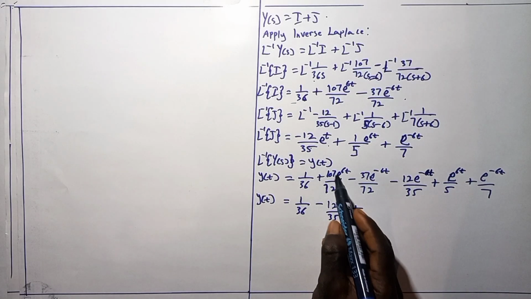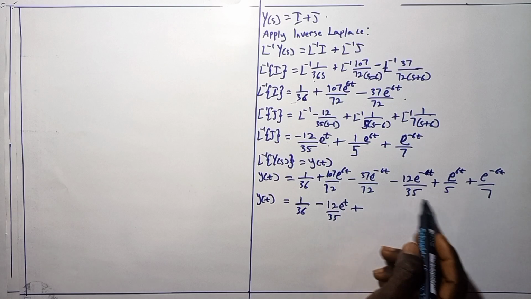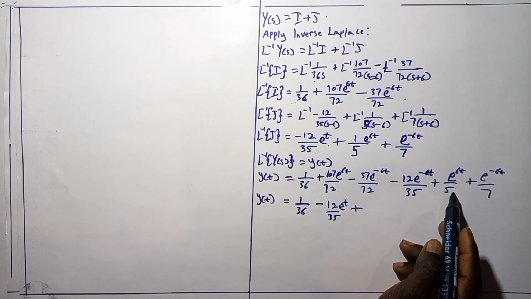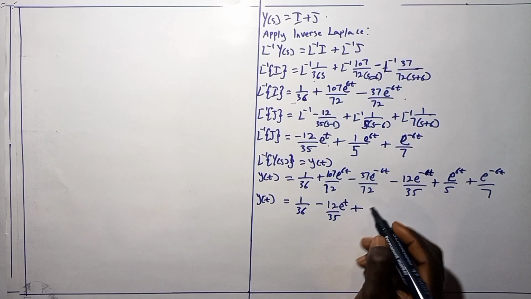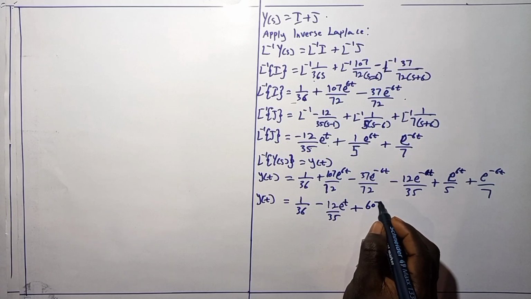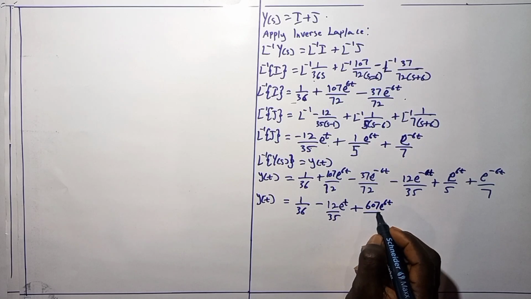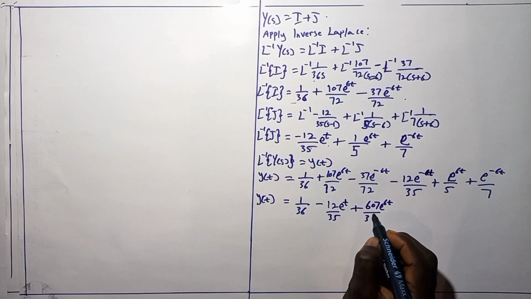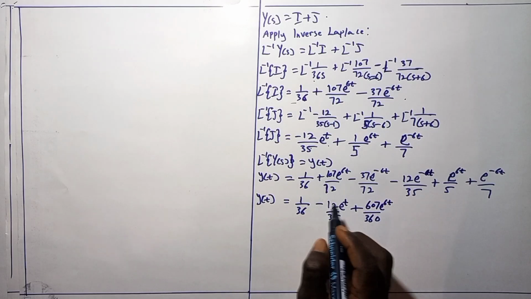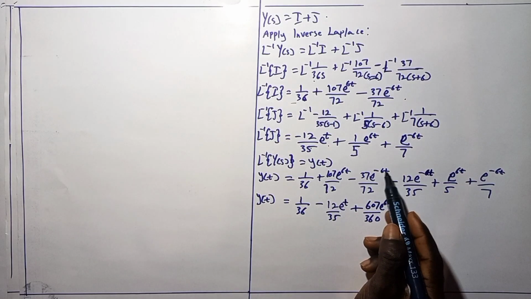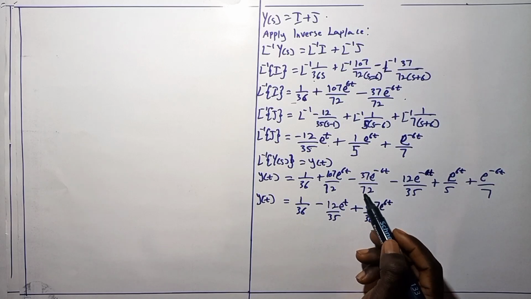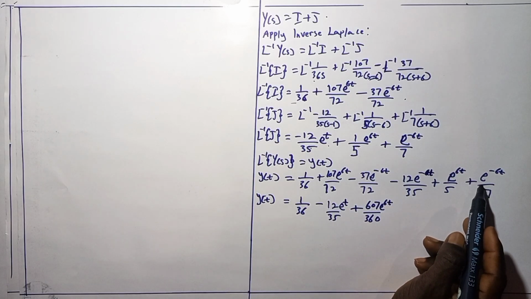So when we add the coefficient 107 over 72 plus 1 over 5, we are going to have 607 exponential 60t all over 360. Then for exponential minus 60t, we have minus 57 over 72, then plus 1 over 7.